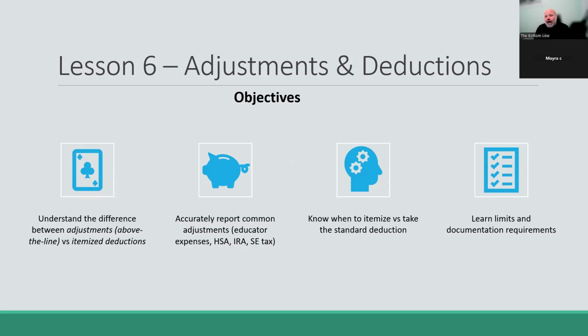And then we're going to figure out, is it better to take a standard deduction or an itemized? You can only do one or the other. You can either take a standard deduction or you can take an itemized deduction. And everything again has limits and required documents.